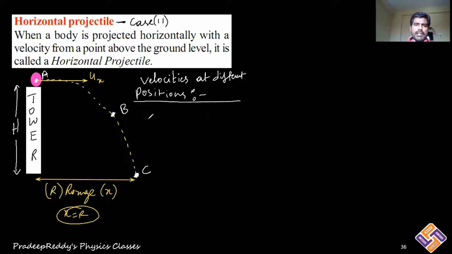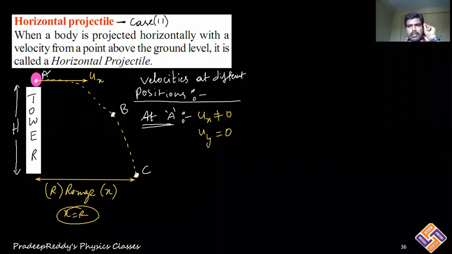First at position A. At position A, what is velocity along x-axis? ux is not equal to 0, and ux is already given, like it can be projected with 5 meter per second, 10 meter per second, 20, any value you can take. And what about velocity along y direction? It is 0, because you are not throwing it in upward or downward direction.